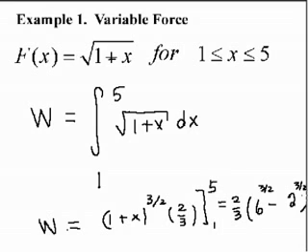So our final answer is 6 to the 3/2 minus 2 to the 3/2, times 2/3. That is the total work done for f of x equals the square root of 1 plus x on the interval from 1 to 5. Also, let's recall that if f of x is in newtons and x is in meters, then this work is in the unit of joules.